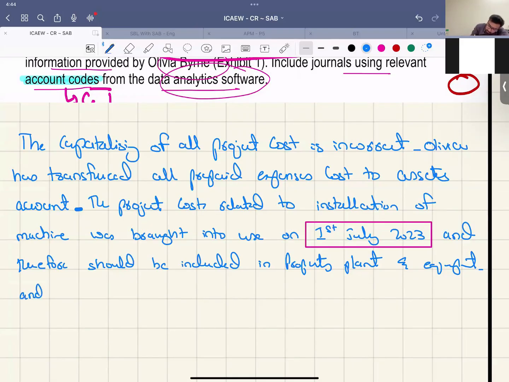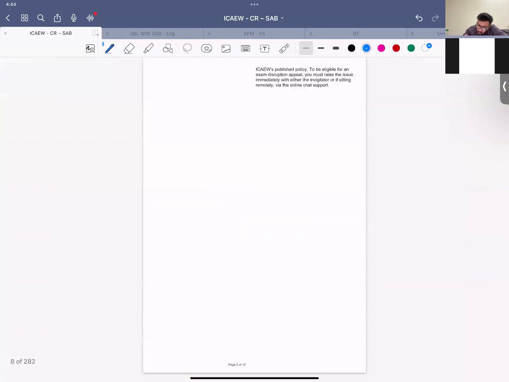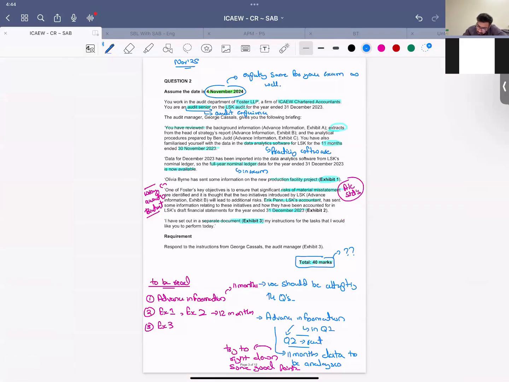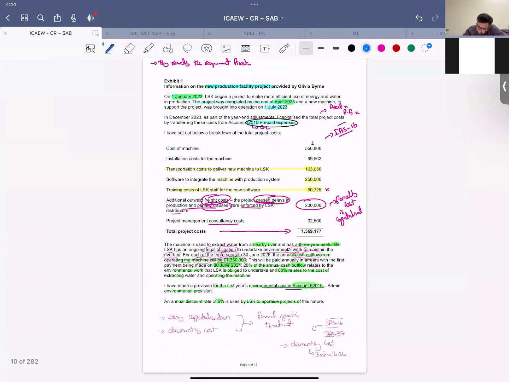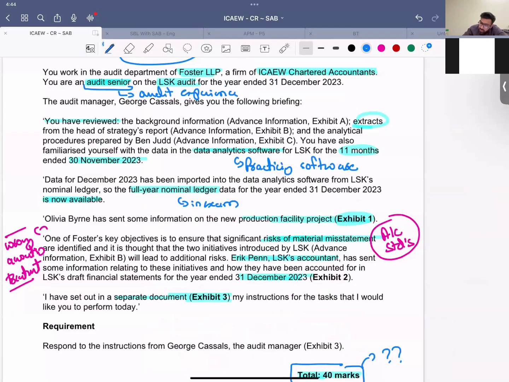And it should be depreciated for 6 months. Now, what's the year end? So it's 31st December, right?